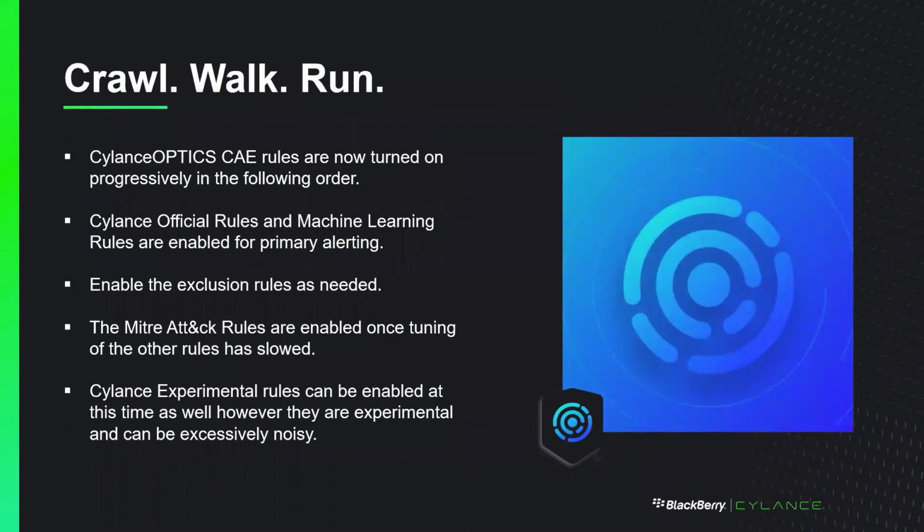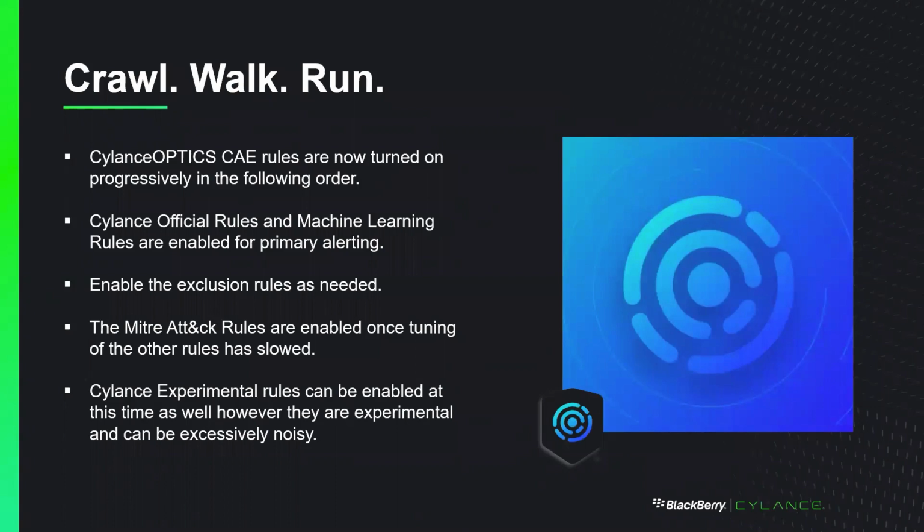From there, move into the MITRE ATT&CK rules, right? MITRE is where a lot of folks are going right now, and keep in mind as well, this also needs to be tuned from an alerting standpoint, right? Don't go in and enable every MITRE rule and go directly into blocking, because what you're going to do is effectively turn your device into a cinder block, and you don't want to do that, right?